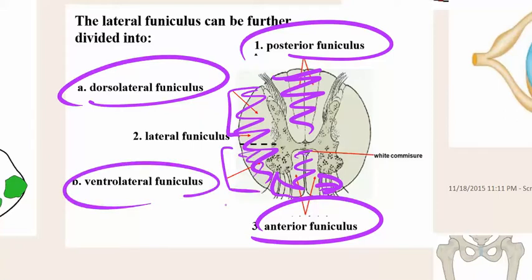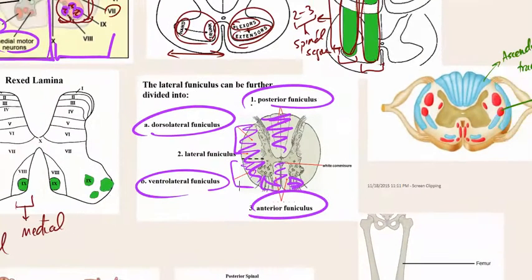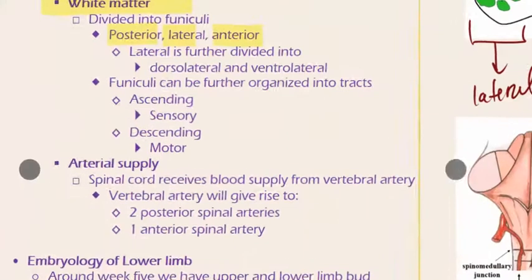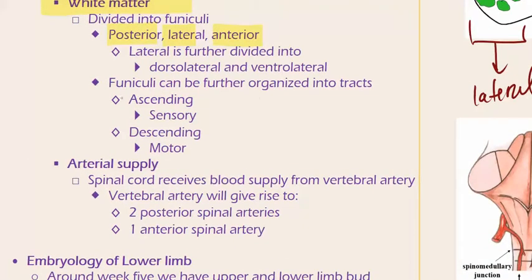Gray matter, Rexed lamina; white matter, funiculus. Remember, white matter is axons, gray matter is the cell bodies. Now we can further divide the funiculi into tracts.